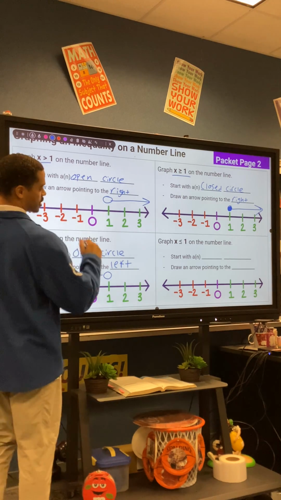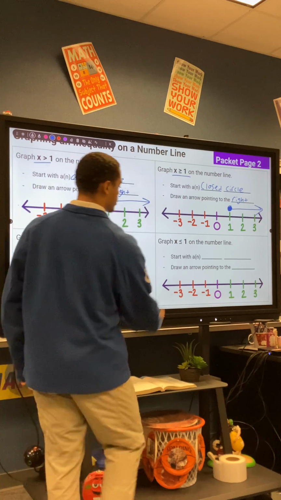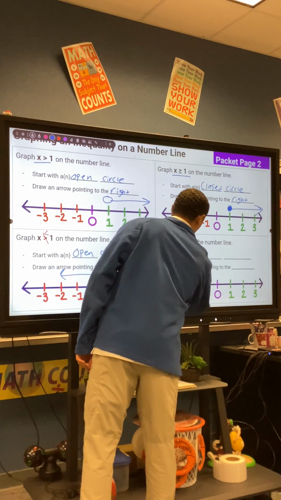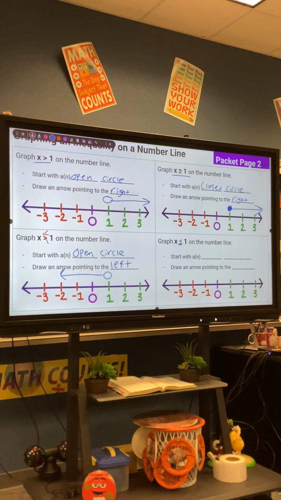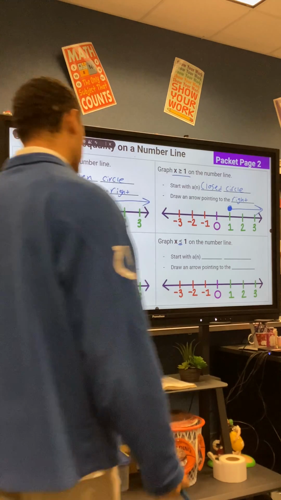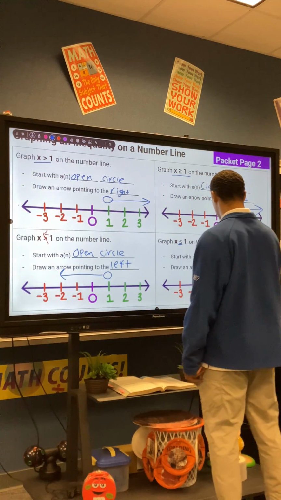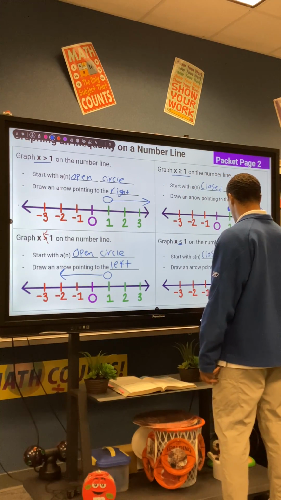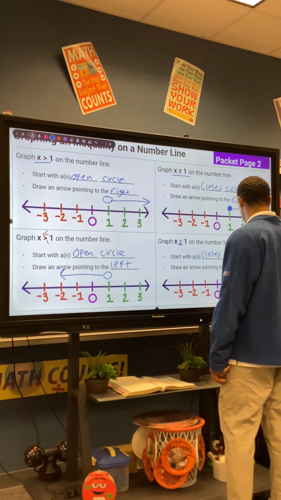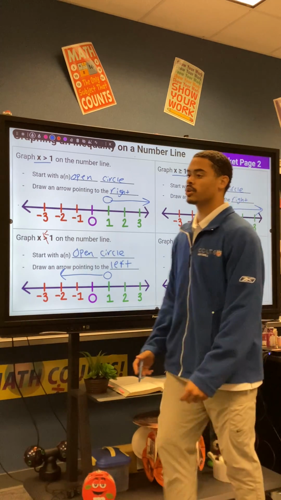For this next example, x is less than or equal to 1. So that's going to be an open or closed circle. Closed circle. Good job, y'all. And is my arrow going to go to my left or my right?